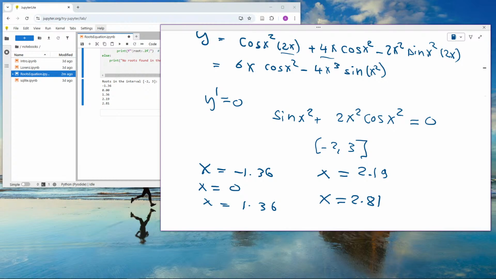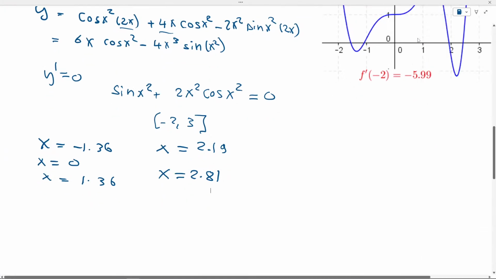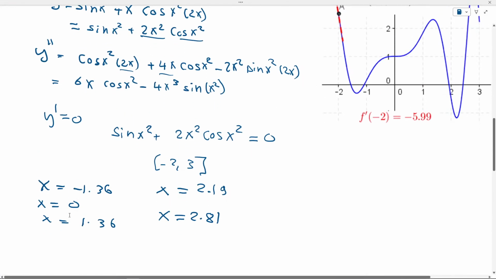So basically any of these values of x will make this equal to 0.